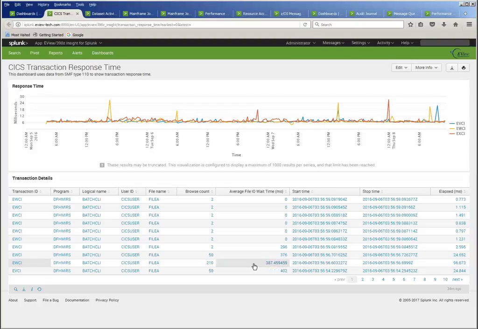So for example, we can look here at a transaction where the file I/O time was long, resulting in a longer response time for the transaction.